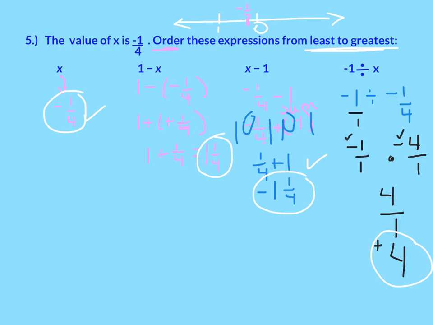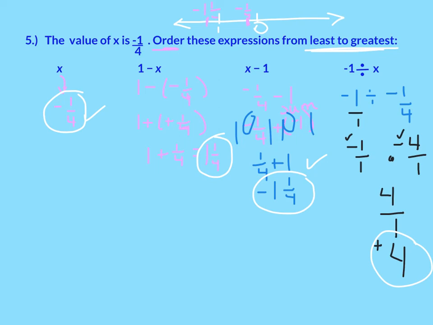And I know my negative 1 1/4 will be somewhere about here. So I know that the smaller number is always furthest to the left on my number line. So that would mean that the smallest number, or the least number, would be right here.